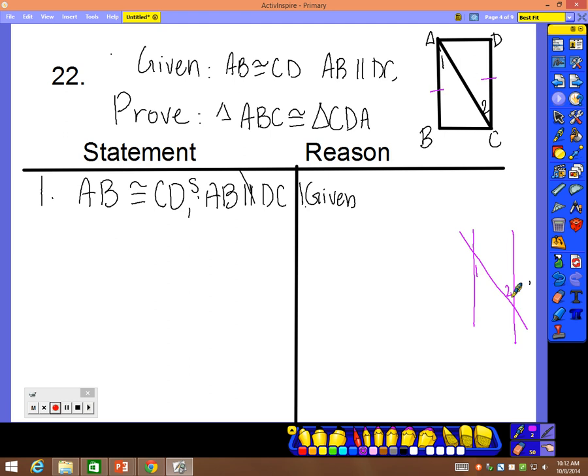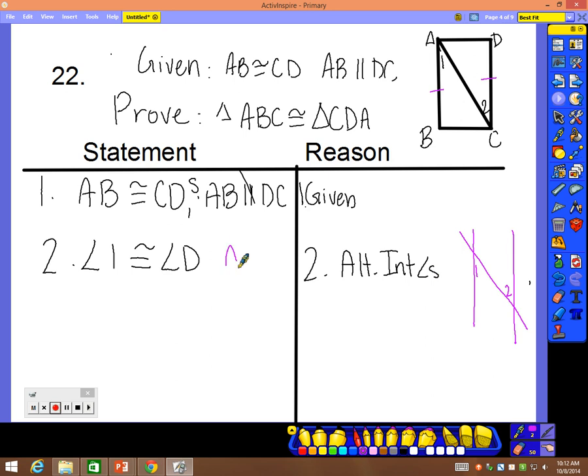So I'm going to say that for my second step, that angle 1 is congruent to angle 2. And my reason is because of alternating interior angles.